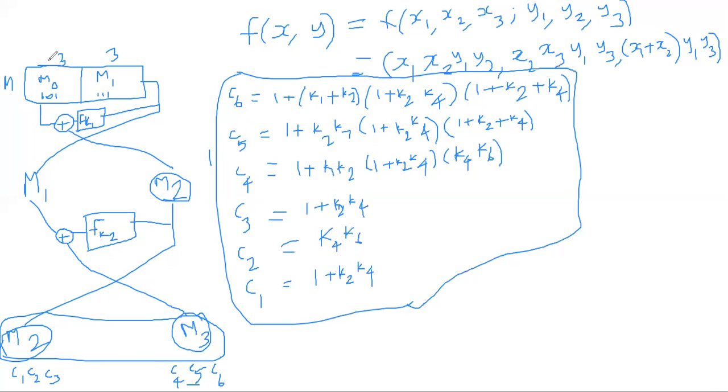And we also know the initial input, otherwise we wouldn't have gotten this equation. What we don't know is K1, K2, K3, K4, and so on. We don't know the individual keys, of course. So that's what we wanted to find out. We have a set of equations, C1 to C6. These are the values that we know.